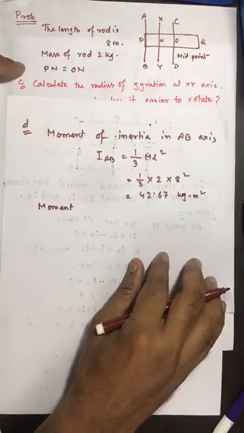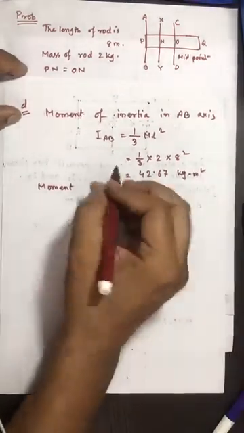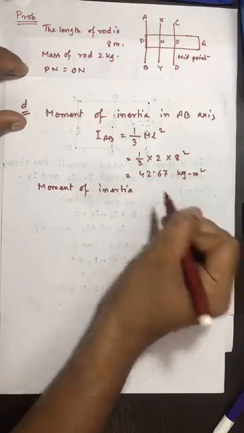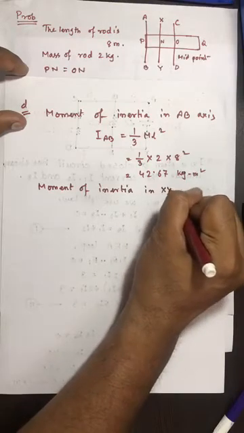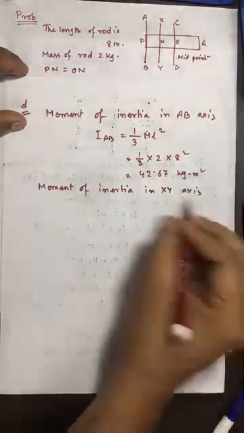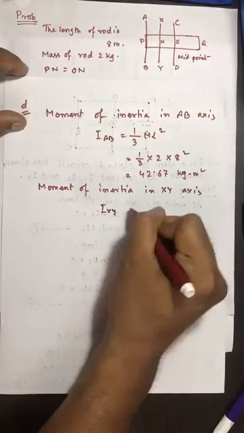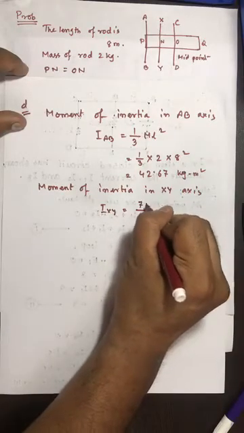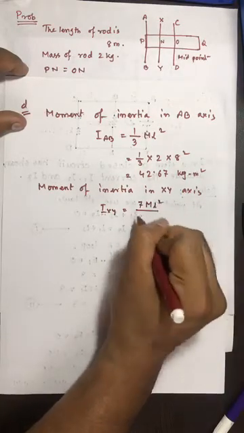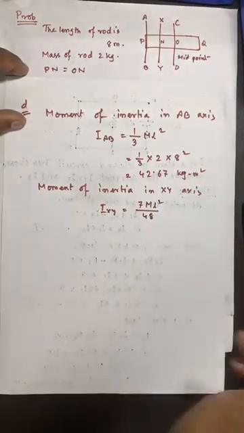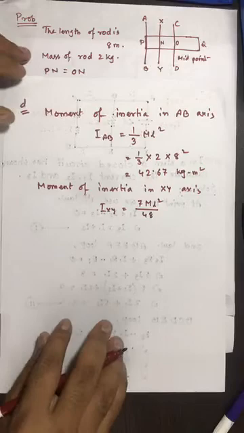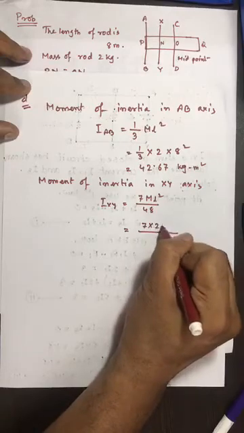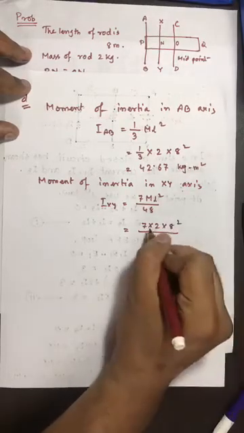Okay, so now the moment of inertia in the xy axis. You see that perfectly? Yeah. Moment of inertia in xy axis. What we have found is that Ixy is 7 ml square divided by 48, from part C. So 7 times m equal to 2, L means 80 square, divided by 48.